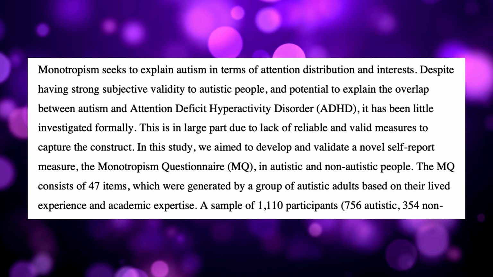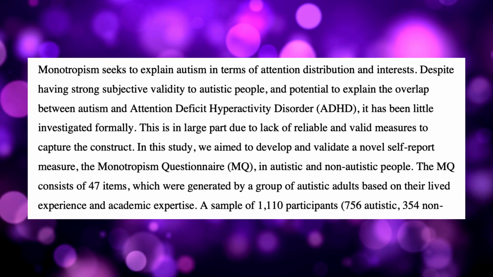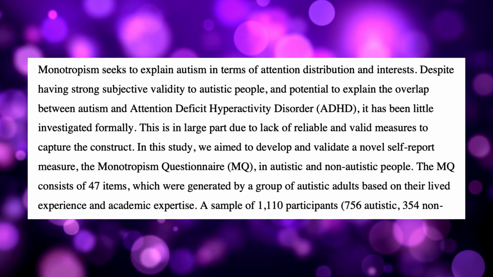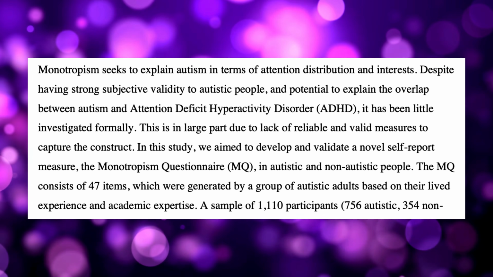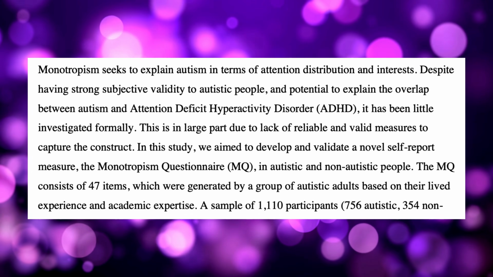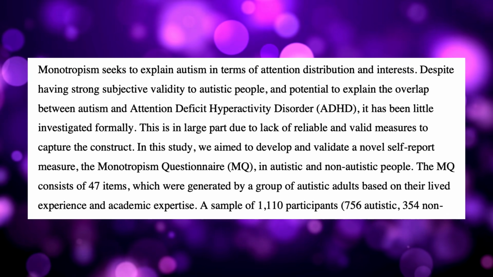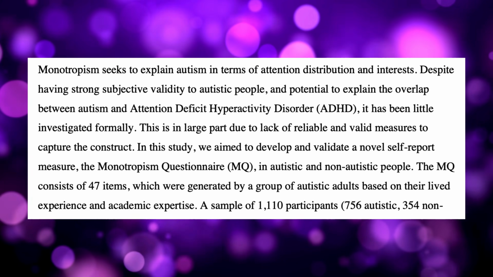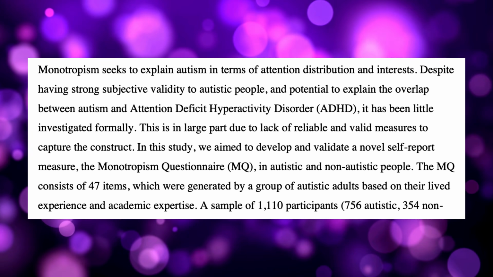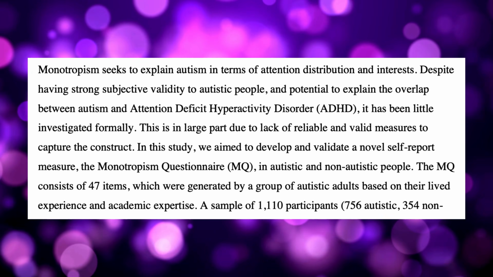Monotropism seeks to explain autism in terms of attention, distribution, and interests. Despite having strong subjective validity to autistic people and potential to explain the overlap between autism and attention deficit hyperactivity disorder, it has been little investigated formally. This is in large part due to the lack of reliable and valid measures to capture the construct.